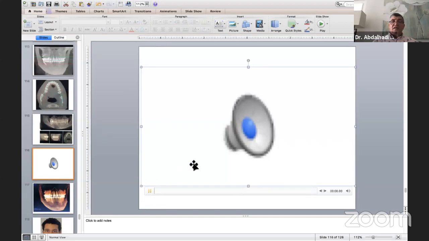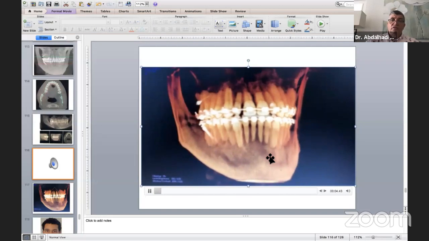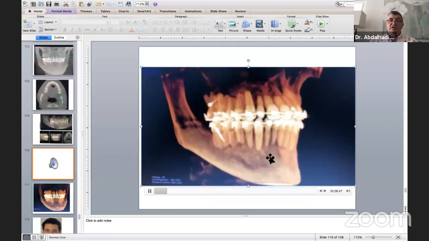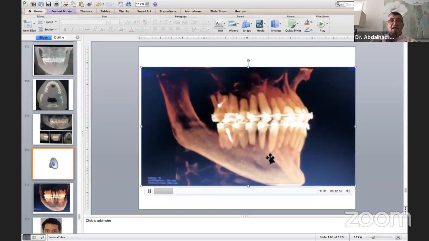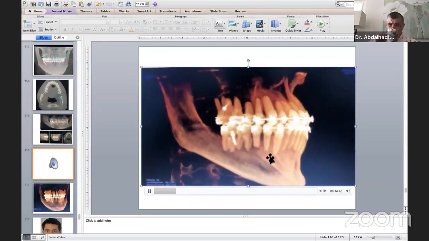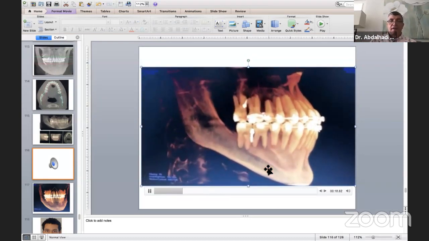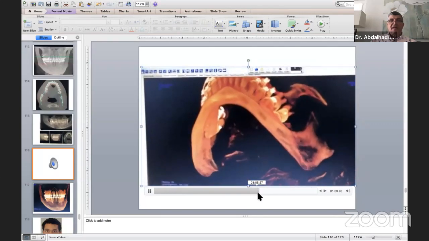And here is a CBCT showing his jaw just after. You see the midline is good and the occlusion. So on both sides, this is the right side and this is the left side.